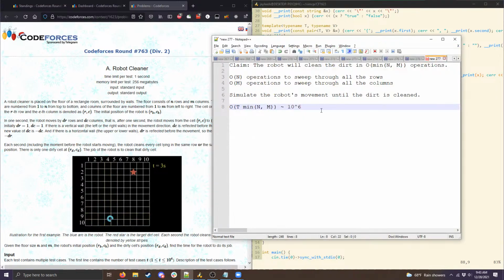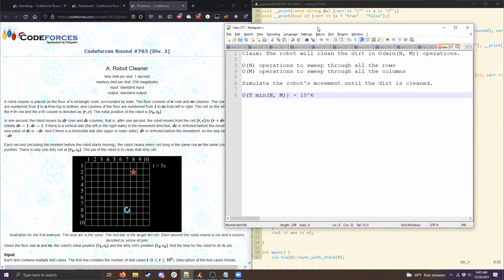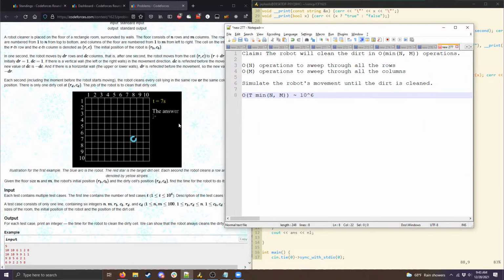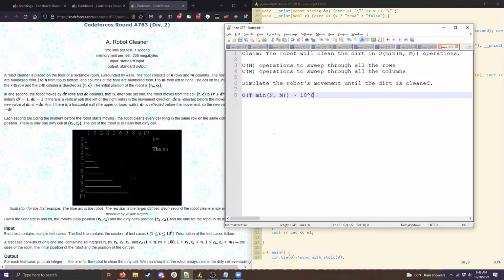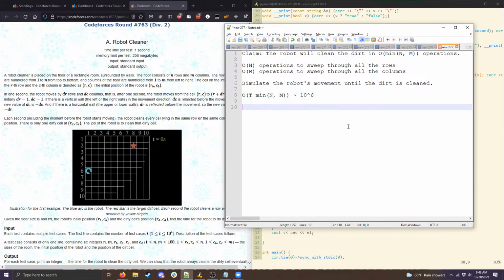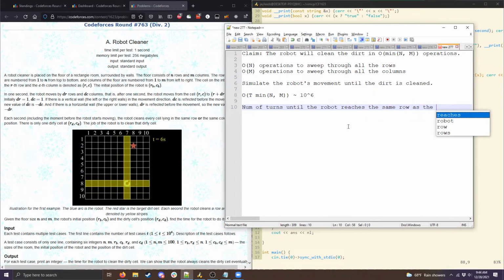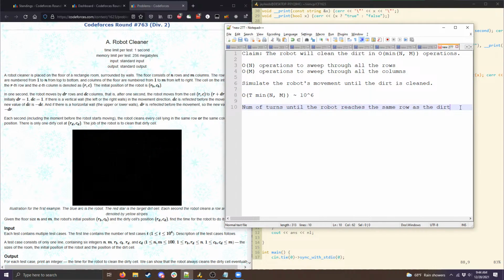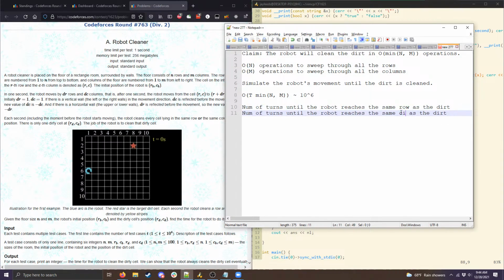But if you wanted to do this purely with math, what you could do is first find the number of turns until the robot reaches the same row as the dirt, and then the number of turns until the robot reaches the same column as the dirt, and then output the minimum of those two.